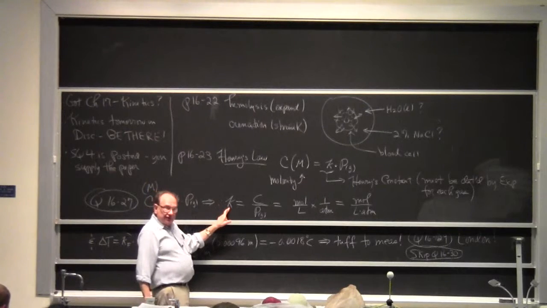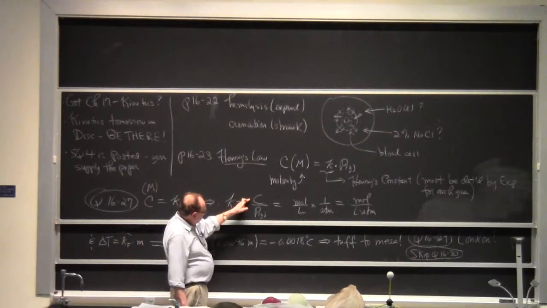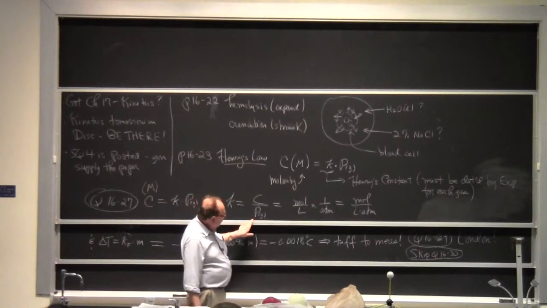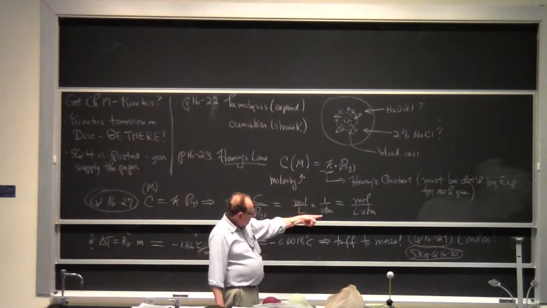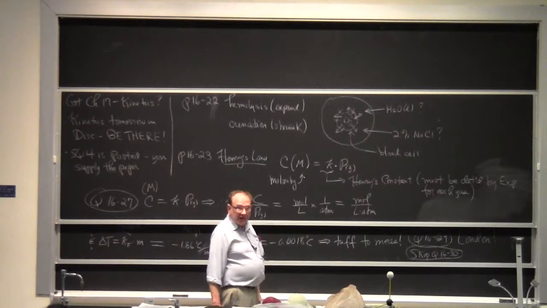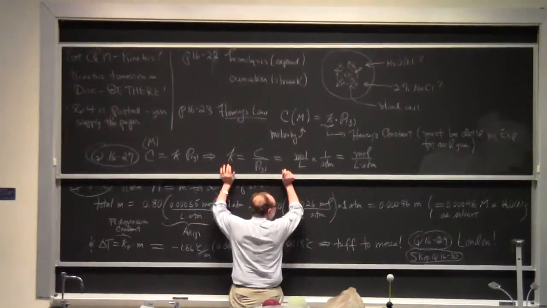So if we rearrange this so as to set it equal to Henry's constant, which is then molarity divided by pressure. So pressure is in atmospheres, and molarity, of course, is moles of solute per liter of solution. So we see the units on Henry's constant are moles per liter atmosphere.